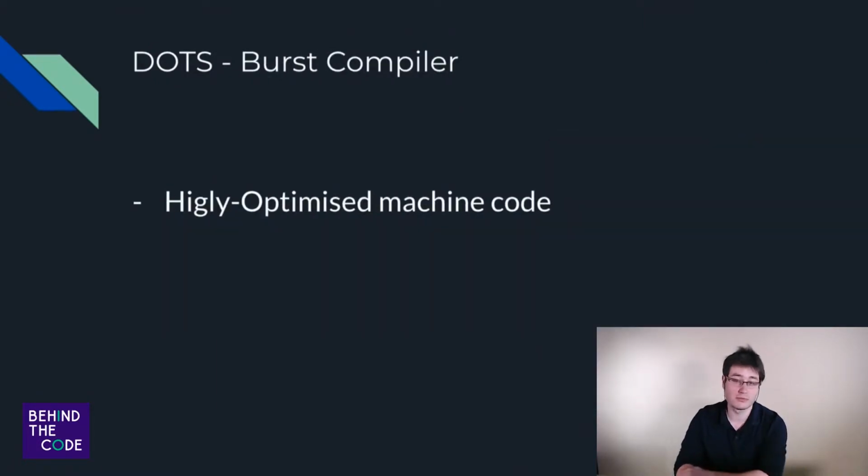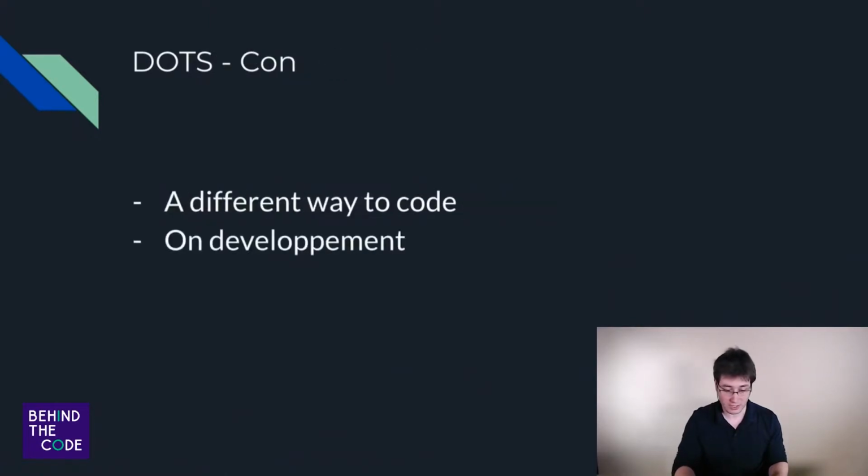And last, the burst compiler. The burst compiler will take your code and translate it into highly optimized machine code, so it's faster, and it will be adapted to your target platform.